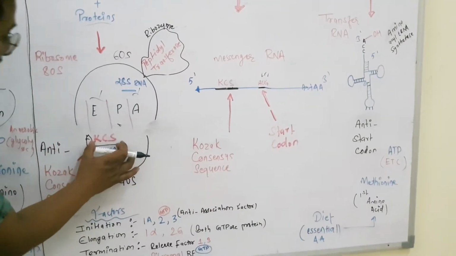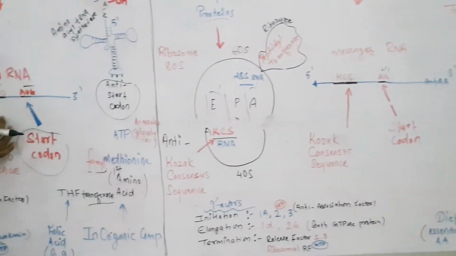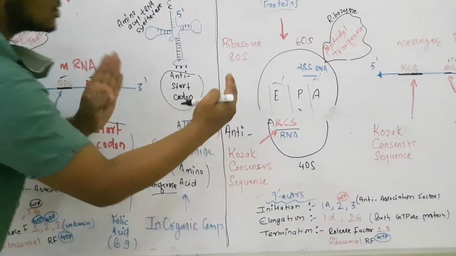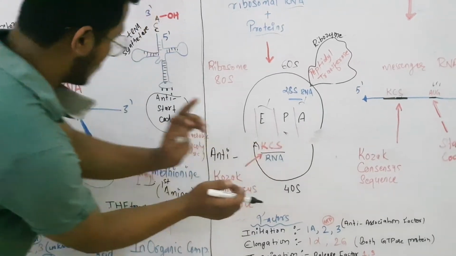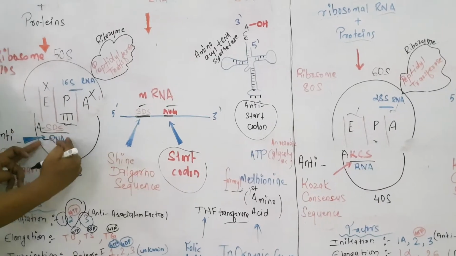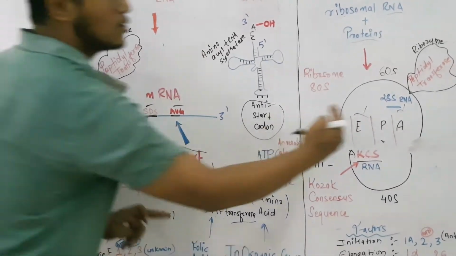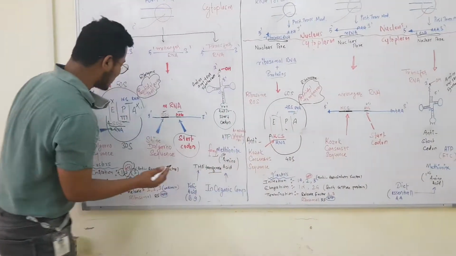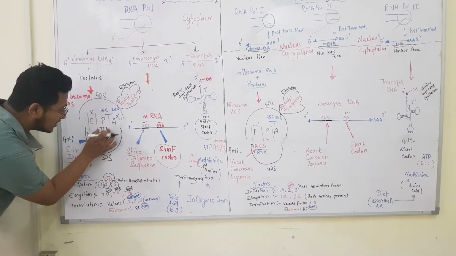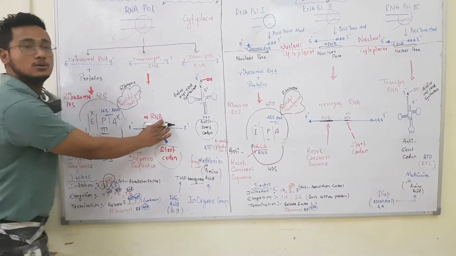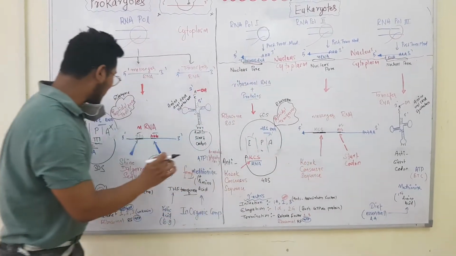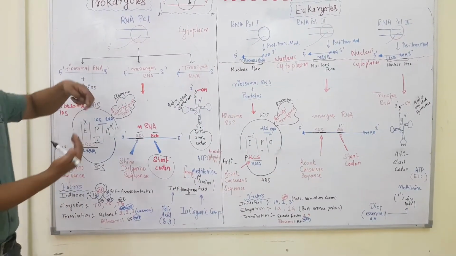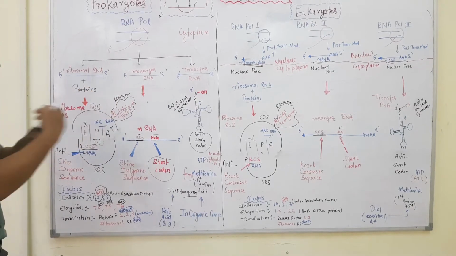The Kozak consensus sequence as well as the Shine-Dalgarno sequence are positioned in such a way that as the anti-Kozak or anti-Shine-Dalgarno sequence base pairs with their respective sequence, the P site will exactly fall upon the start codon. That means your tRNA which is in the P site will base pair. Okay, so this is the affinity.